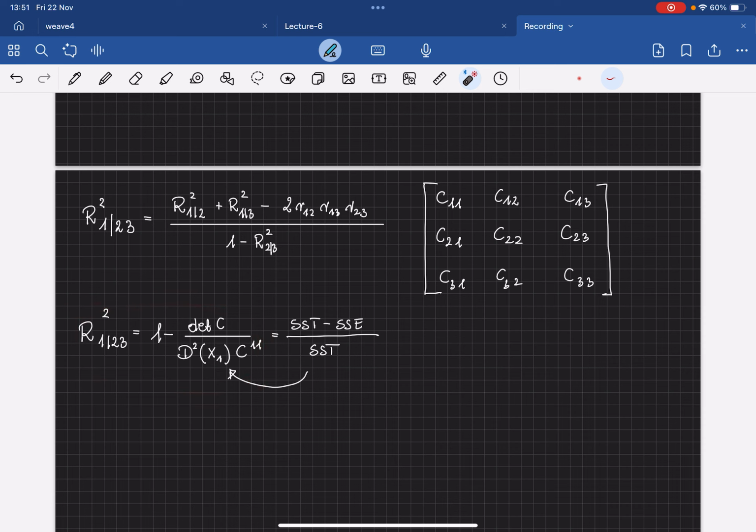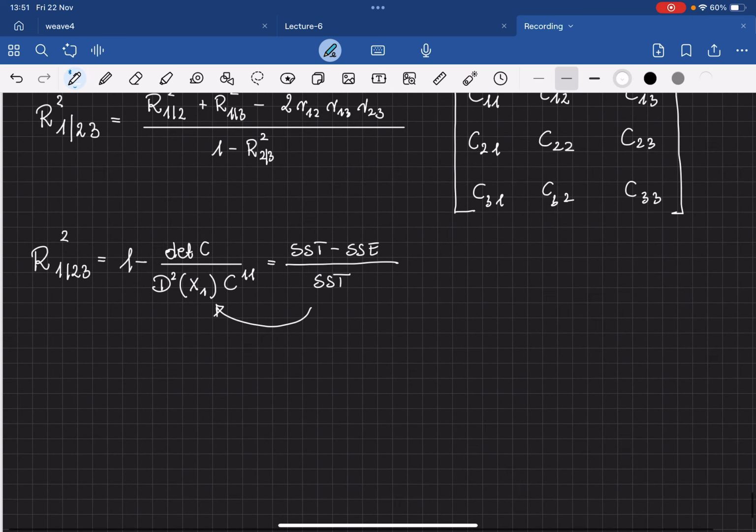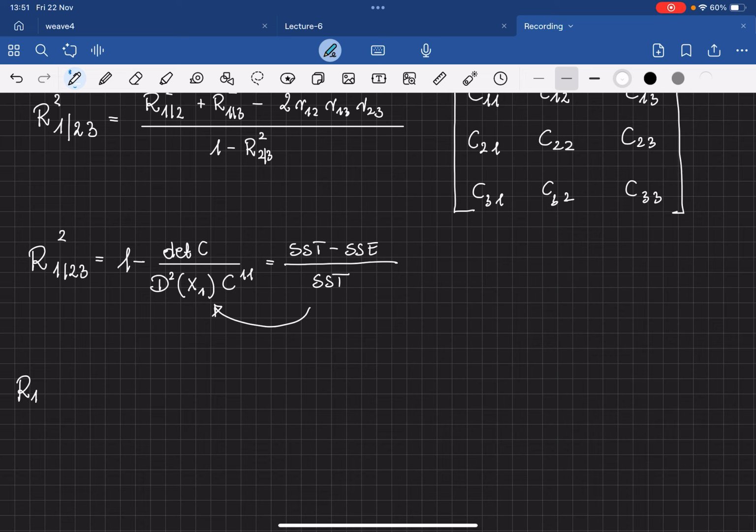And we will use now this formula in case of 3 variables, and we will try to derive this thing. So what we have to do is to make some calculations. We start with the definition, R1,2,3 squared. The definition is written here. So first thing that we do is we write it on the common fraction.